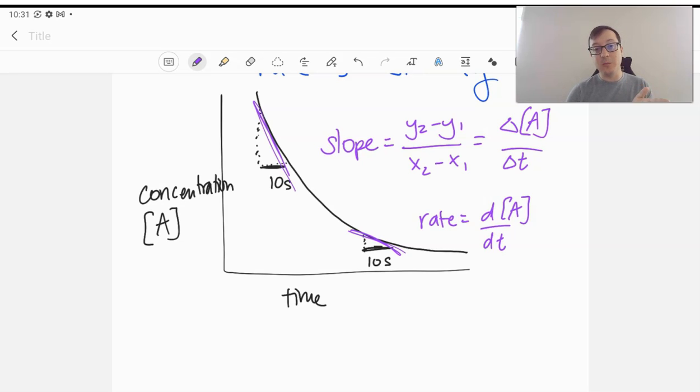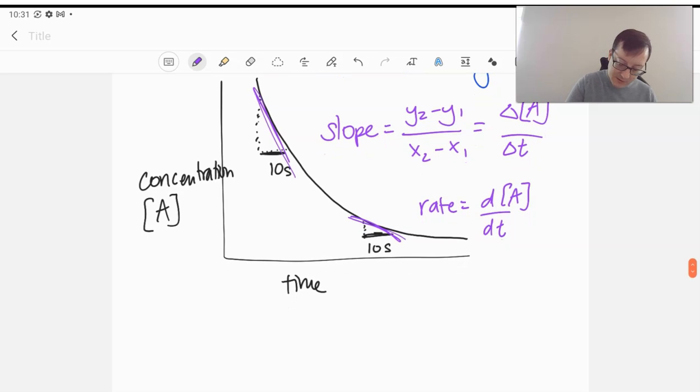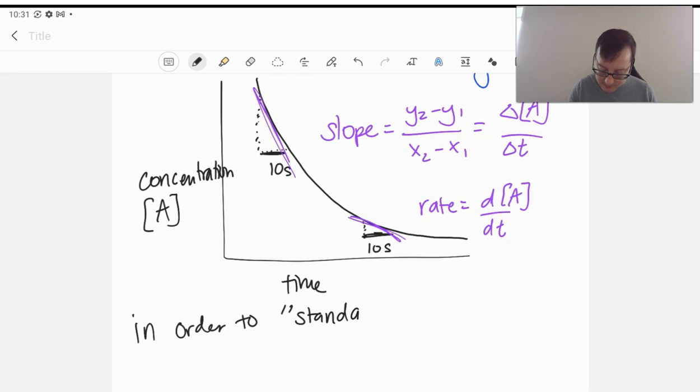We see that the slope tends to decrease in magnitude over time because our reactants are being consumed, and they're being consumed exponentially. So very quickly at the beginning, slower towards the end of the reaction. And so, just to standardize this, so that when we're comparing things, we really only look at the instantaneous rate at the very beginning of the reaction.